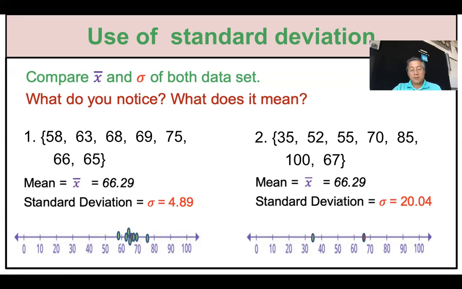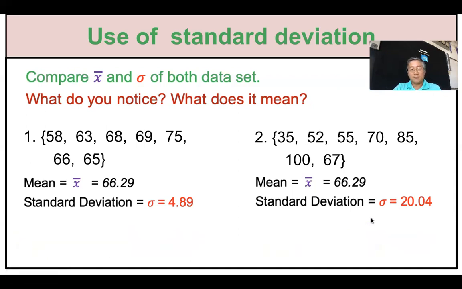But in the second set, the mean is here, and then we have 35, 52, 55, 67, 70, 85, and 100. Do you notice something? This one stays close together, and this one stays far from each other, right?